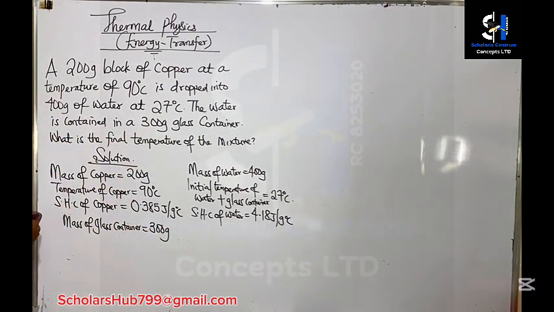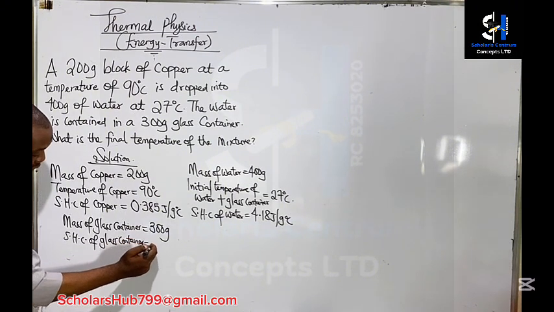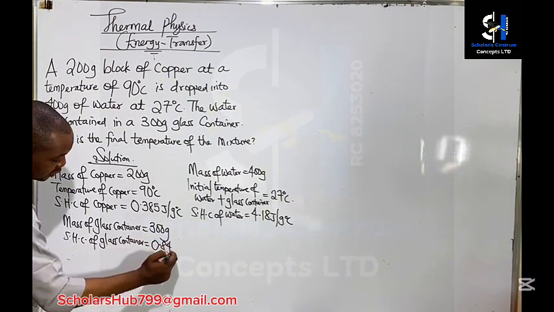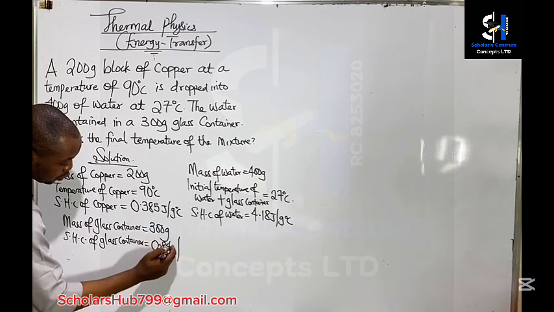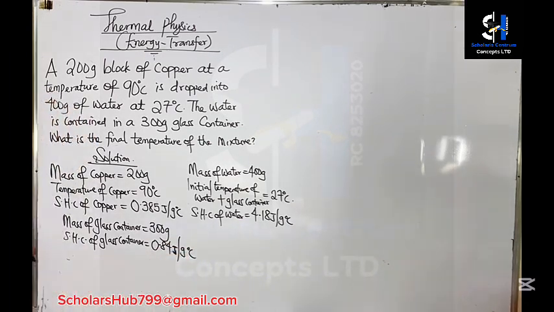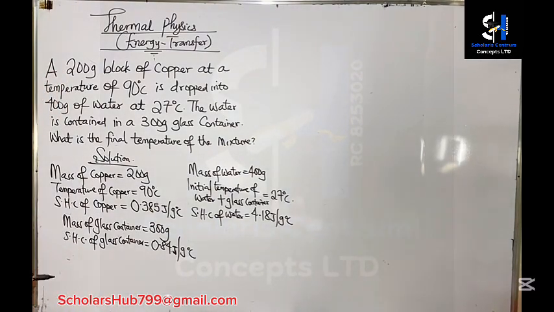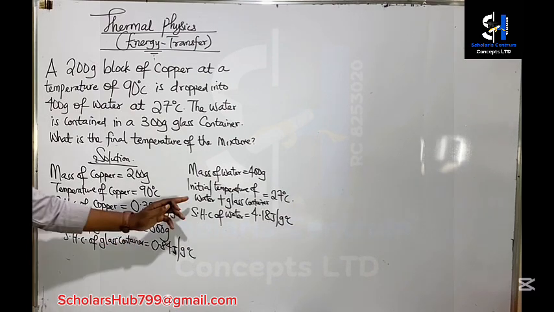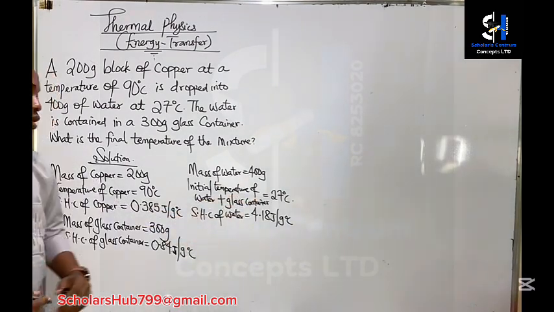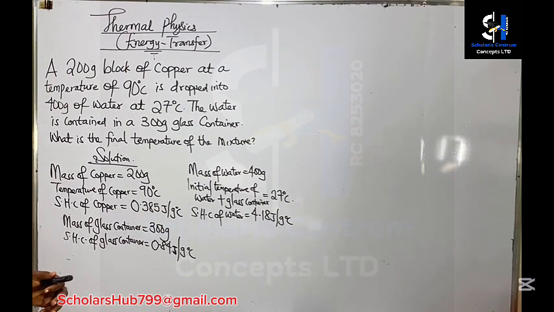The specific heat capacity of the glass container is not given, but the value is 0.84 joules per gram per degree Celsius. So remember, the initial temperature of water plus glass container is 27 degrees Celsius.